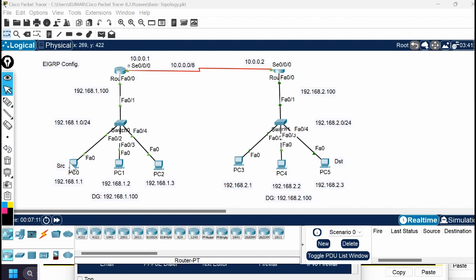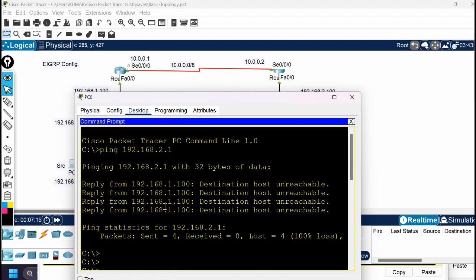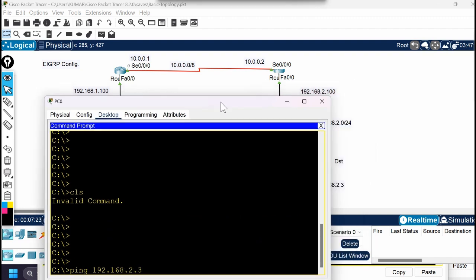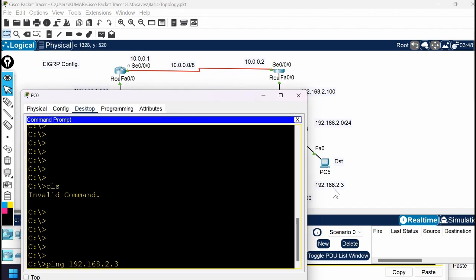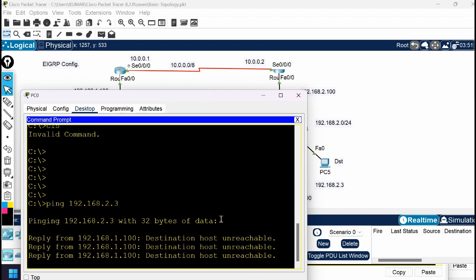Click on this PC, go to command prompt and do ping 192.168.2.3. See the IP address of your destination, it's 2.3. Now hit enter. Destination host unreachable, correct? Your PC1 cannot communicate with that.